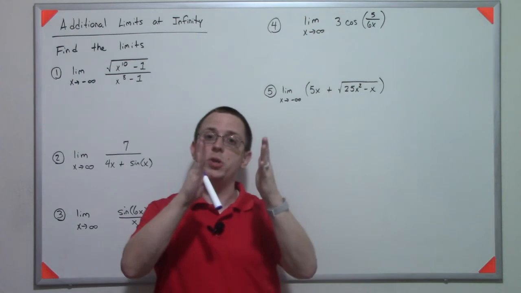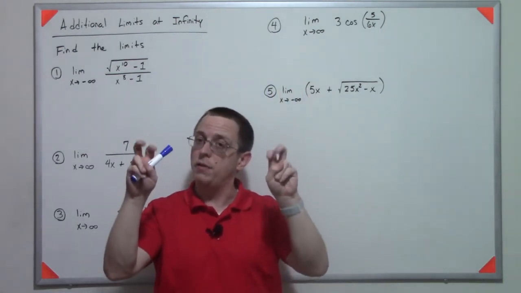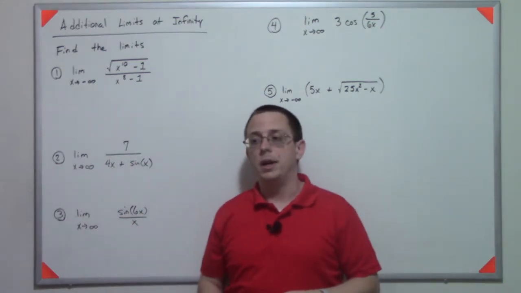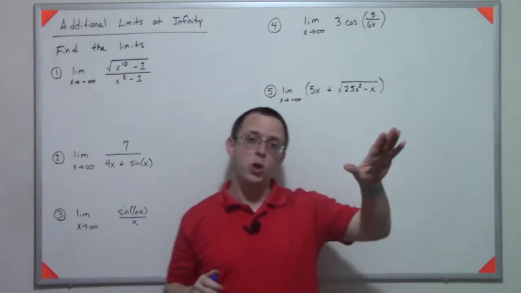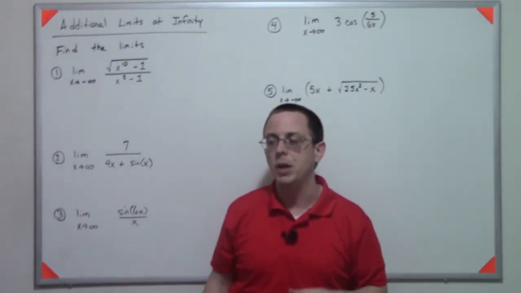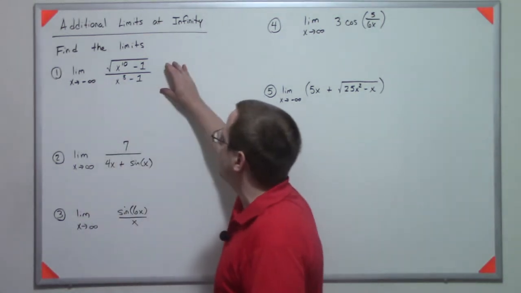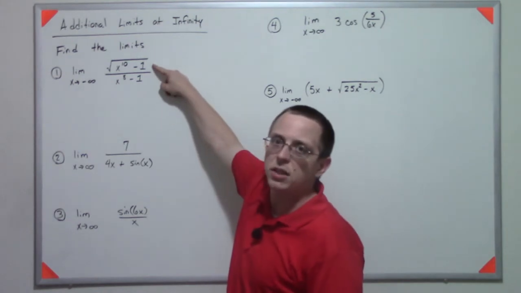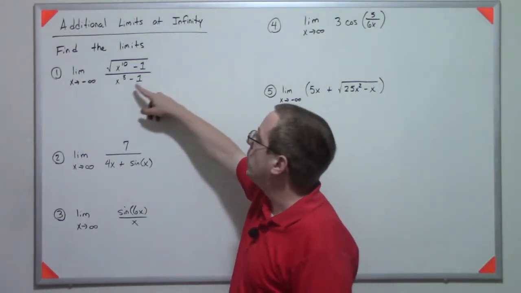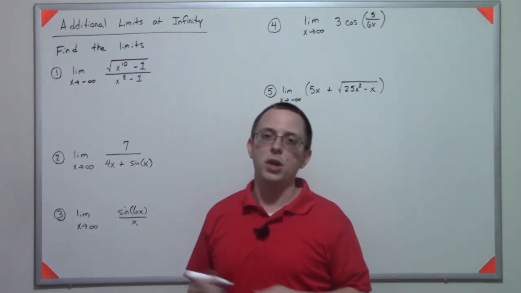If you have something to the 10th to the 1/2, its effective power is x to the 5th. So for long-term behavior, it's going to behave very similarly to x to the 5th. So you can keep that in the back of your head: this is roughly x to the 5th on top, and roughly x to the 8th on bottom. So I know that the bottom term dominates. So how do I prove that this thing's going to go to 0?